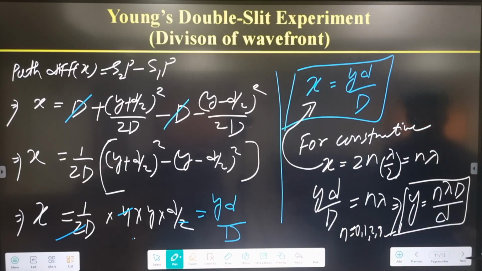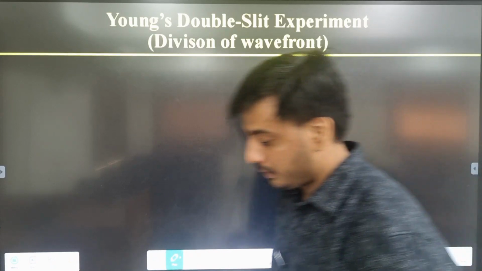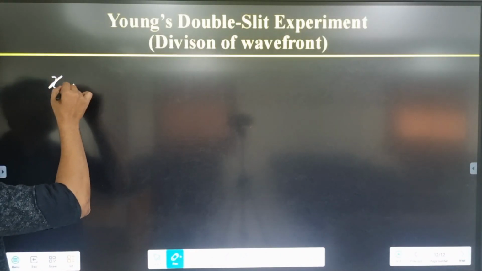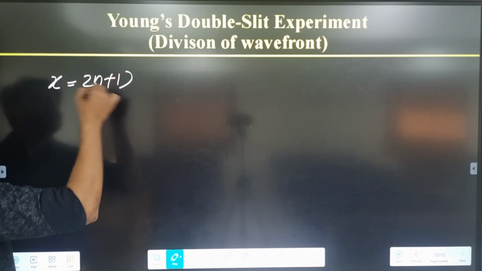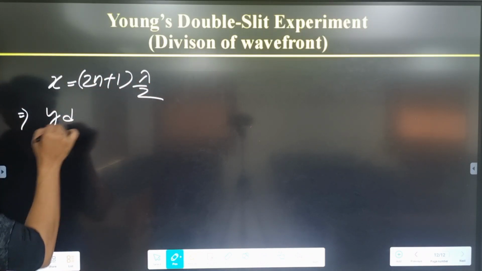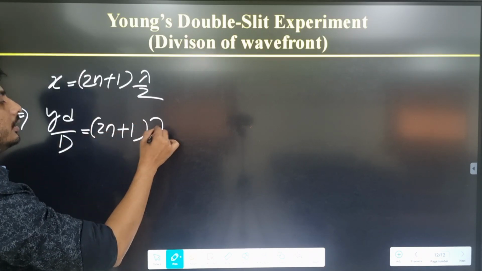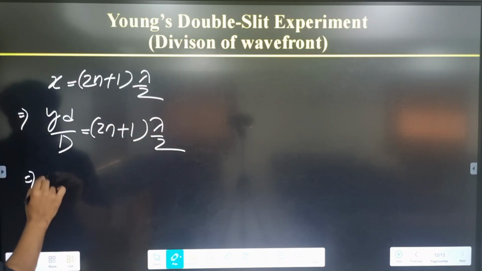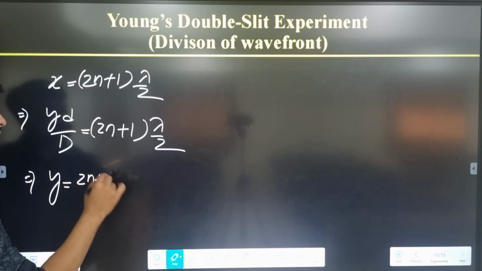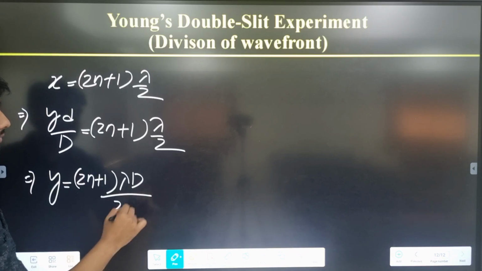Now we have to use the condition for destructive interference. So for destructive interference, we know that x must be equal to an odd multiple of lambda by 2. So path difference y small d by capital D equals (2n plus 1) lambda by 2. So y equal to, you have to just cross multiply, (2n plus 1) lambda capital D by 2d.